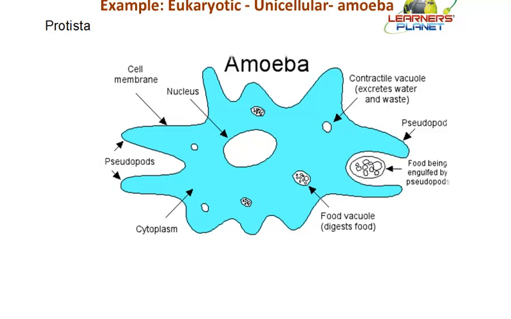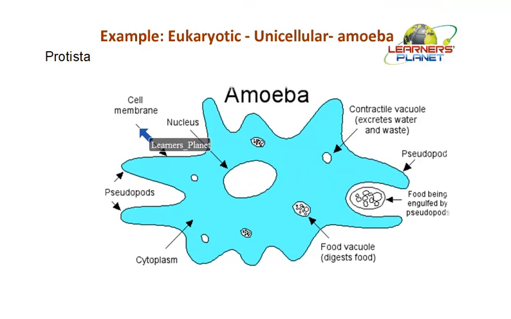So all eukaryotic unicellular organisms are going to come under this particular kingdom. Now, can you think of certain other examples also? Besides amoeba, it could be paramecium, euglena, diatoms, certain types of algae, and so on. The list is of course endless.